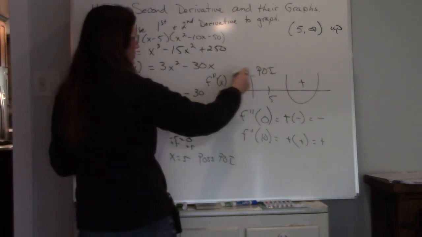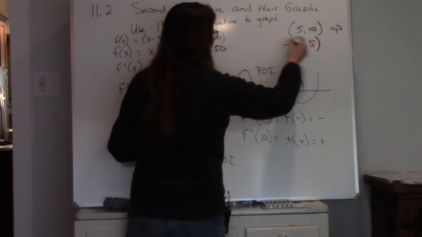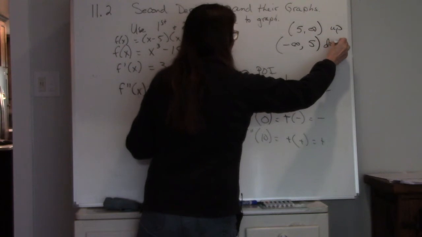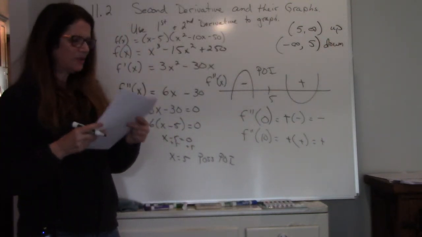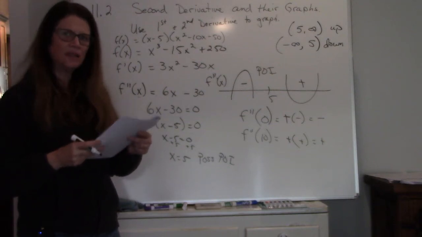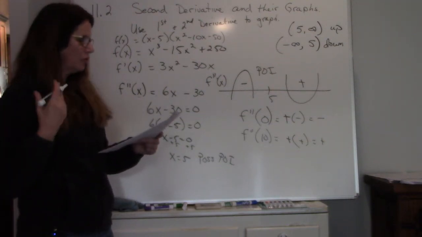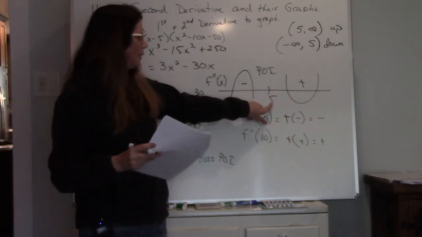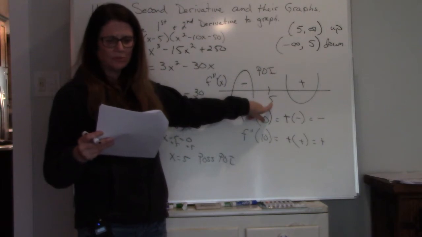So here's where it's concave down. So it's concave down from negative infinity to 5. Okay. And then the function has an inflection point at x equals. So again, we don't have to find out what the y is on the MyMathLab. So at x equals 5, that's my inflection point.